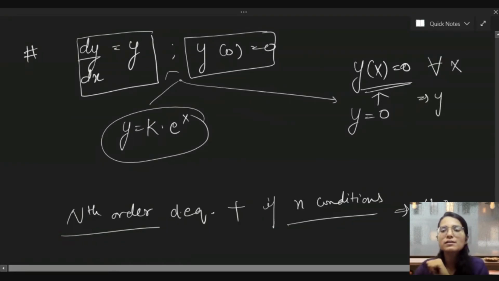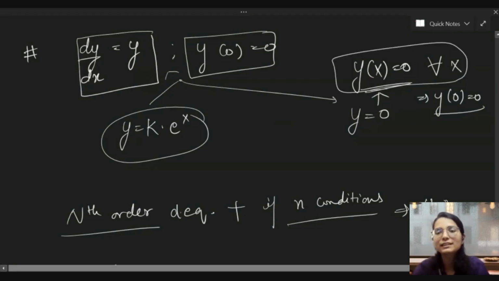So y will be 0 at x equal to 0 as well. That means it satisfies both the equation and the condition. So this will be a solution.